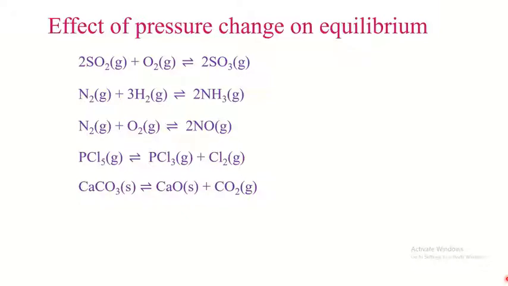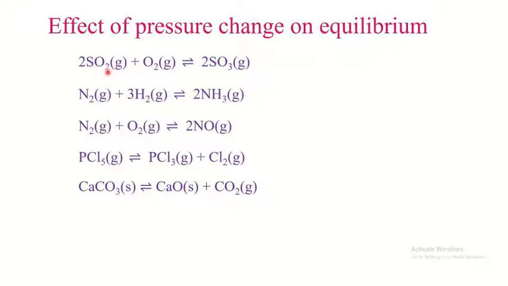Now look, there are 5 reactions, but not all of these reactions have an effect of pressure on equilibrium. First reaction, look, where all the reactants are in gaseous state and the product is also in gaseous state. So the first condition is fulfilled here. And look, how many moles of reactants here?